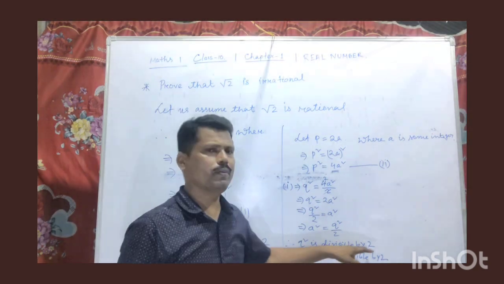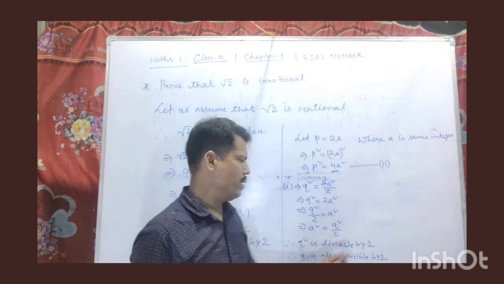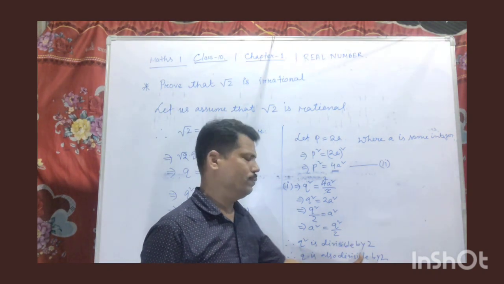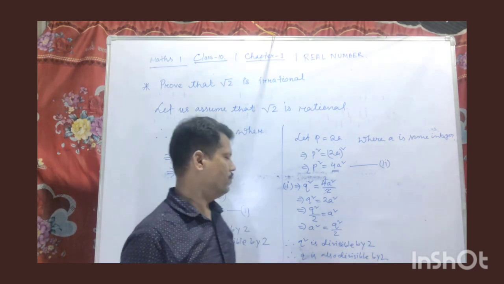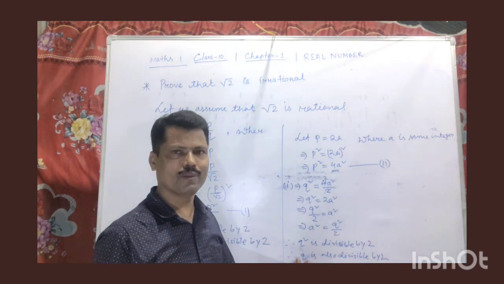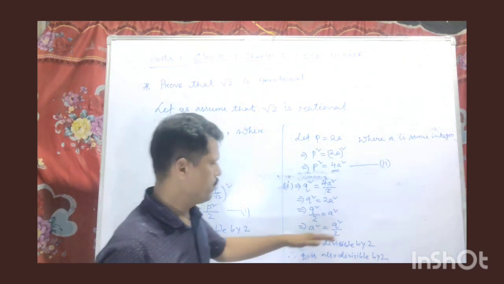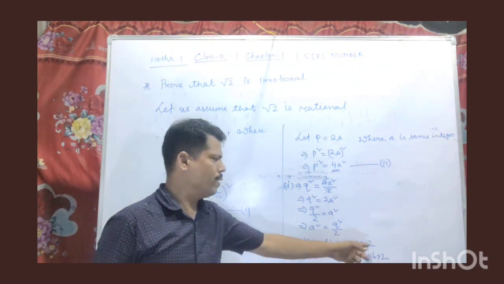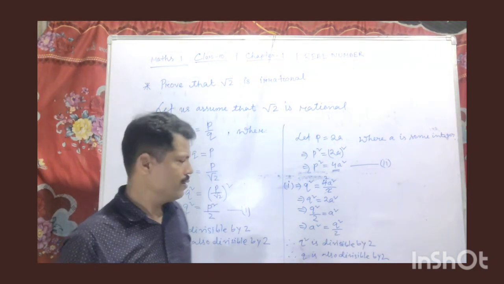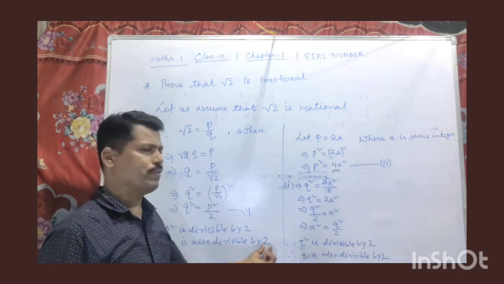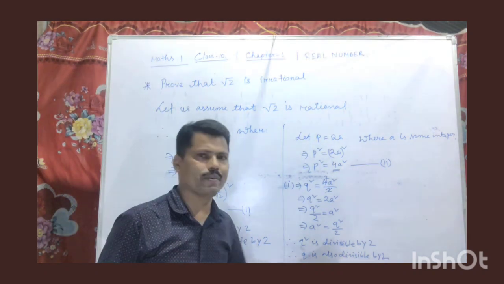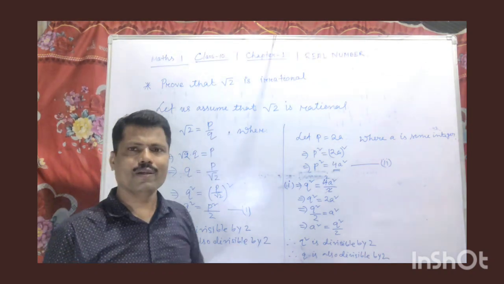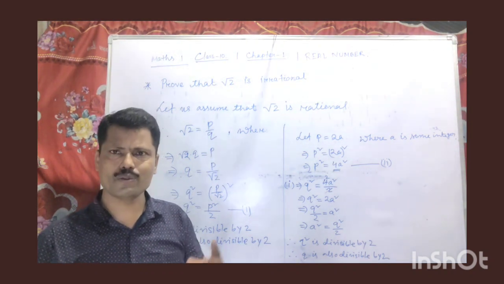Q square is divisible by 2 means 2 divides q square, and q is divisible by 2 means 2 divides q also. So from here we have observed that if divisible by 2, it means 2 is a factor. So p has factor 2 and q also has factor 2. That means p and q have at least a common factor 2.